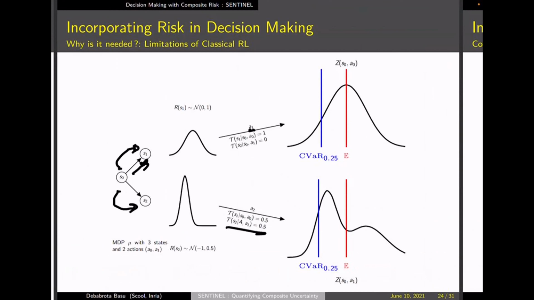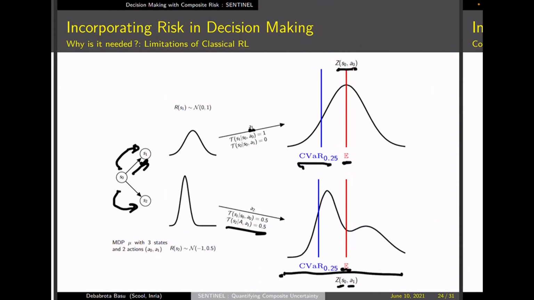The return distribution for taking action A1 from S0 is like this, and the return distribution of taking action A0 from S0 is like this. If you look carefully, the expectation of both these distributions is the same. That means traditional reinforcement learning will consider each of the actions equally optimal.